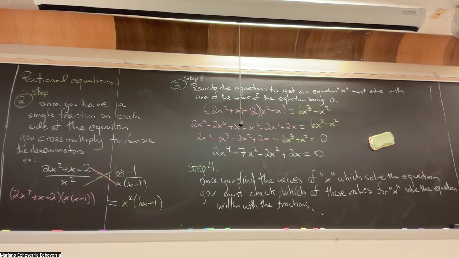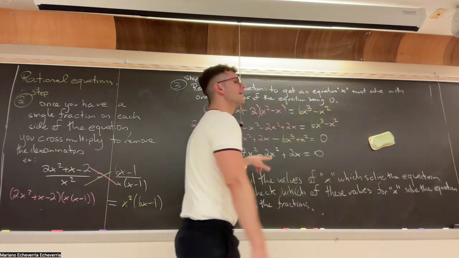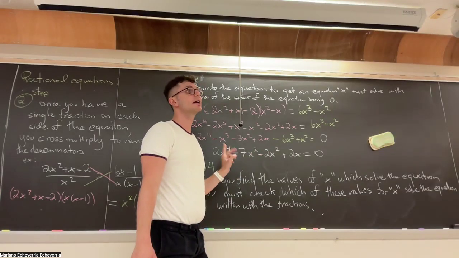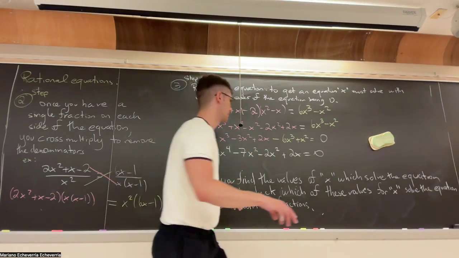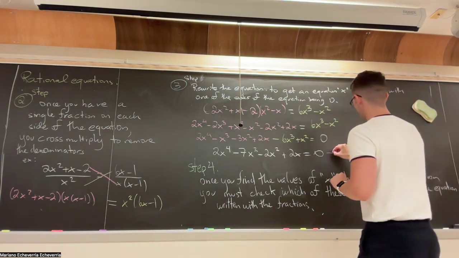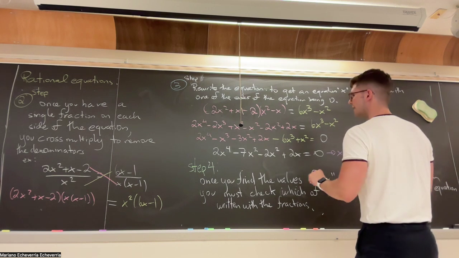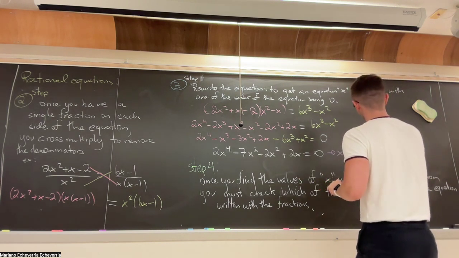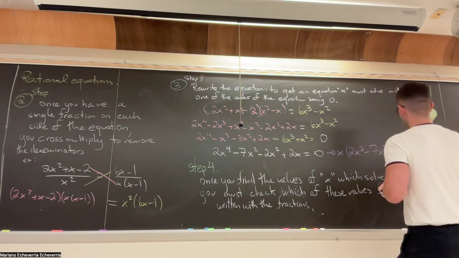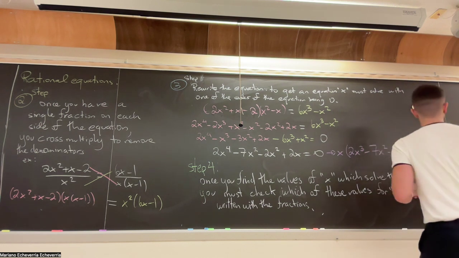Can it be simplified further, right? You mean this particular one? Yes. The most you could do is to factor out an x. That is the easiest thing to do. So actually that's where I was going. If you factor out an x, you get 2x cubed minus 7x squared minus 2x plus 2, equals 0.